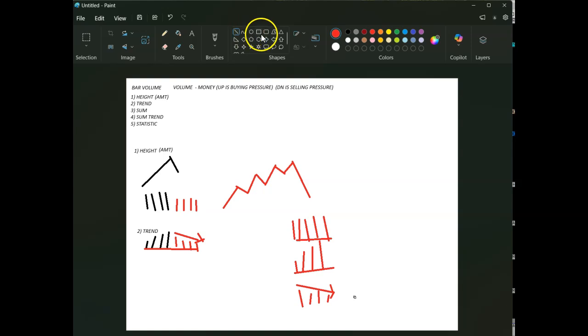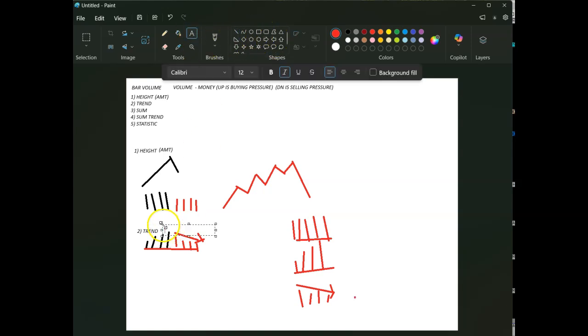That's trend. Is the trend of the volume increasing or is the trend of the volume decreasing? That's it.